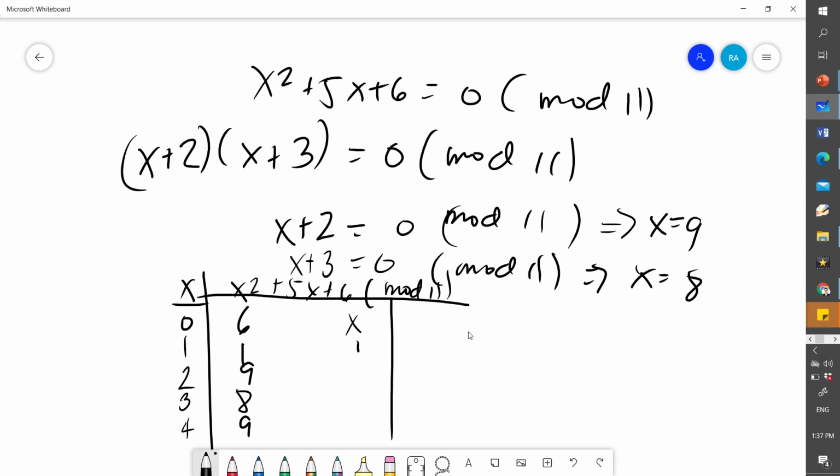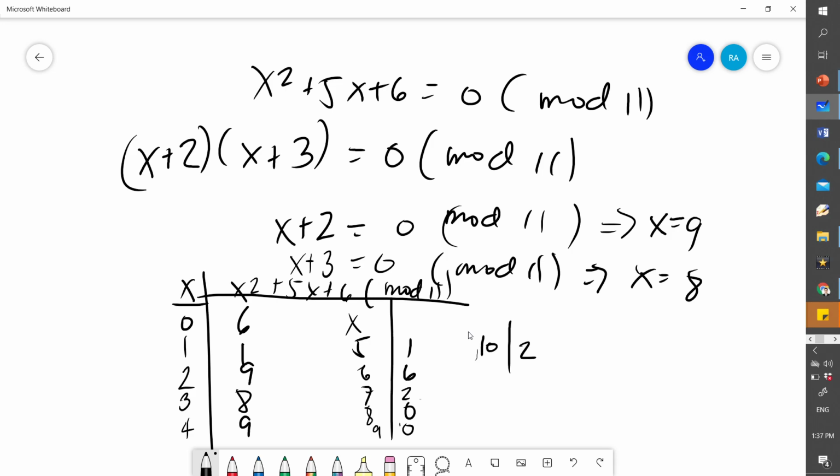So the value for 5 is equal to 1, 6 is equal to 6, 7 is equal to 2, and then 8 is equal to 0, 9 is equal to 0, and then for 10 we have here 2.